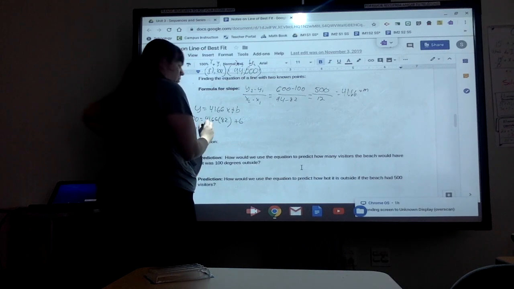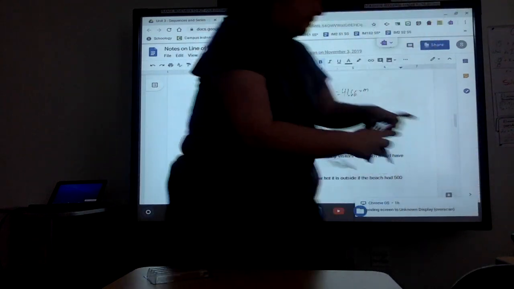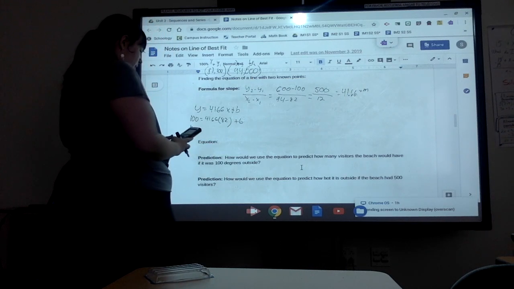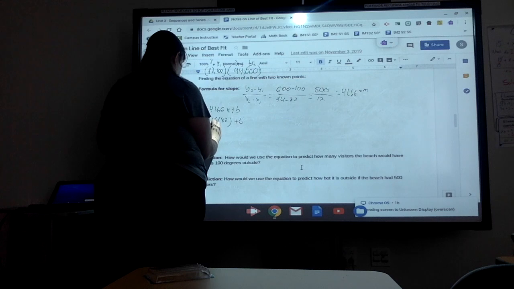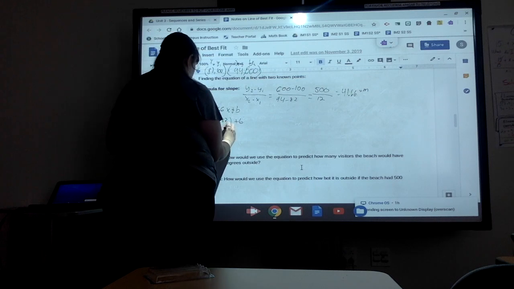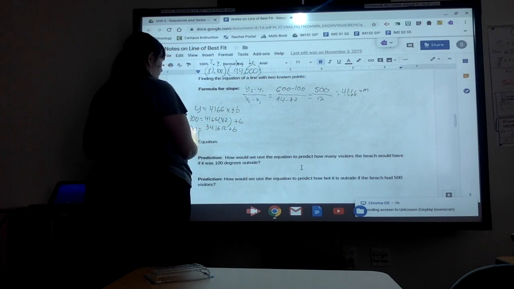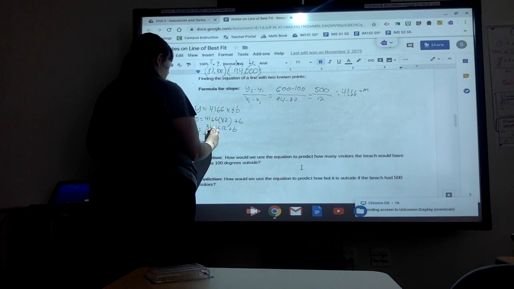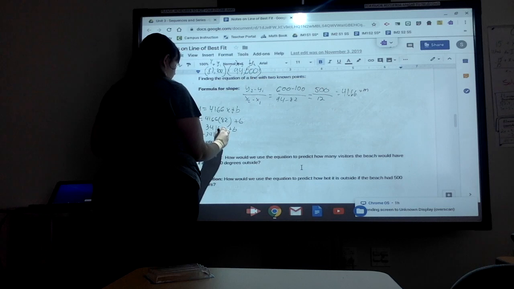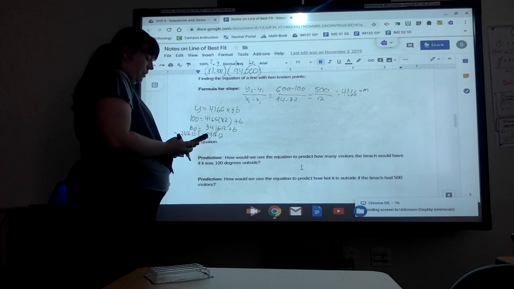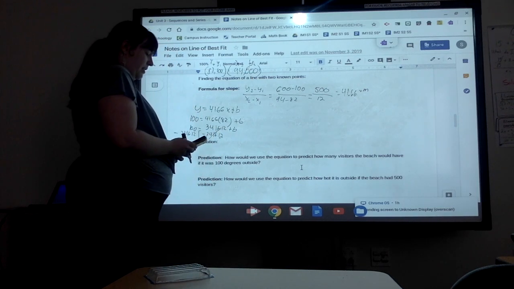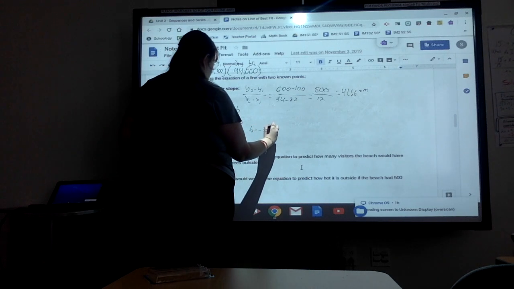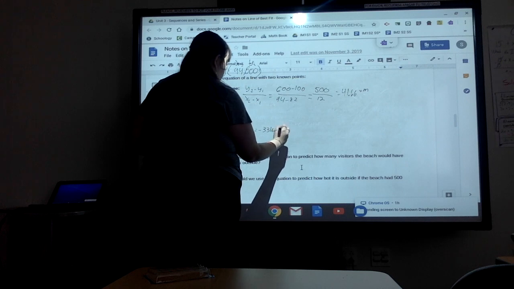So 100 equals, calculator, 41.66 times 82 is 3,416.12 plus b. To solve for b, I minus that number away. Those cancel. And 100 minus that, b is going to be negative 3,316.12.